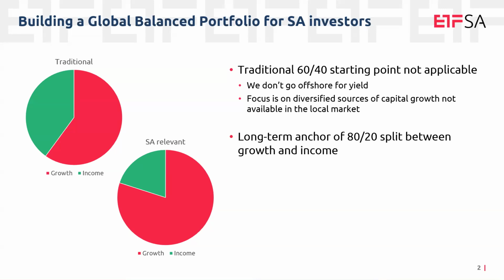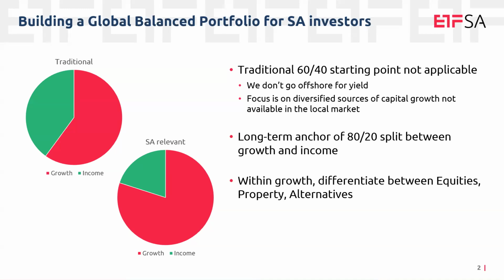I think the other important aspect for us is that when we talk about growth assets, it's quite important that we appreciate that it's not just equities that we are talking about. Listed property definitely is also a growth asset, and there are so many alternative types of investment opportunities, most specifically physical commodities, and we consider all of those growth assets within a portfolio.